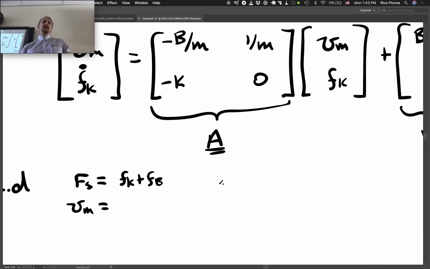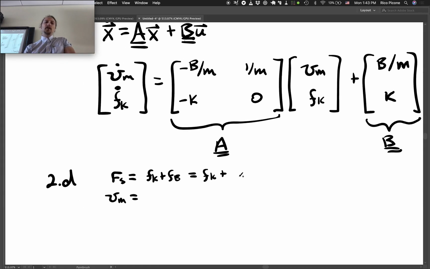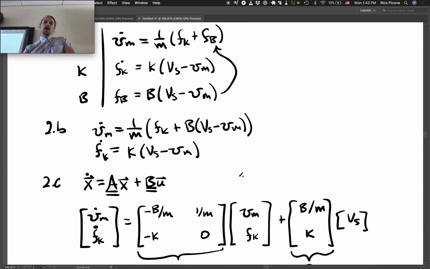It's the sum of the spring force and the damping force that are connecting that mass to the cup, and that's the force that the cup is going to have to be forced at in order to make the motion that's happening. So Fk plus Fb. Fk is a state variable, but Fb is not, right? So we're going to have Fk again, plus we've got to come up with an expression for Fb in terms of state variables and inputs.